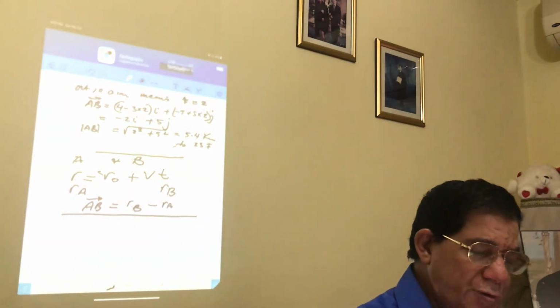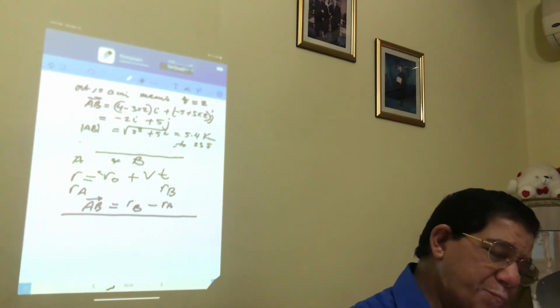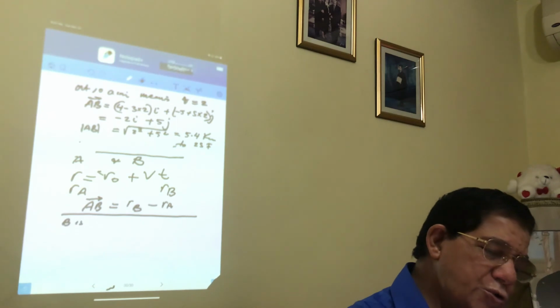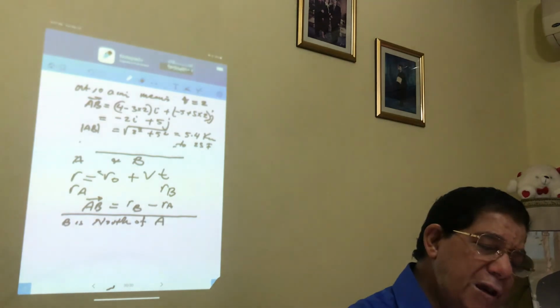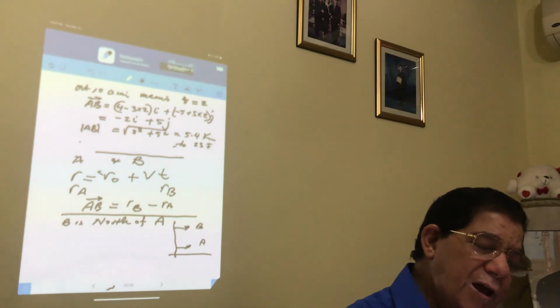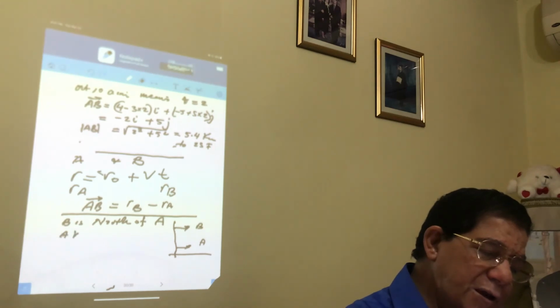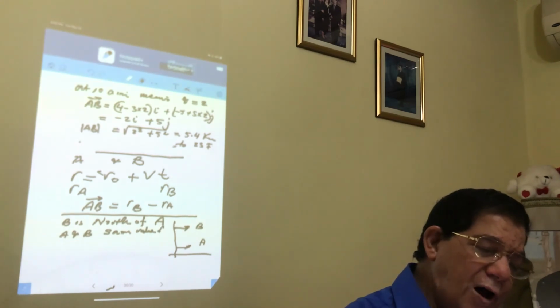Sometimes we are asked when will a particle, say B, be north of A. B is north of A means the position vectors of A and B have the same i value.